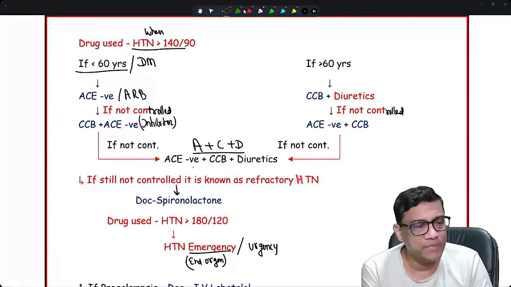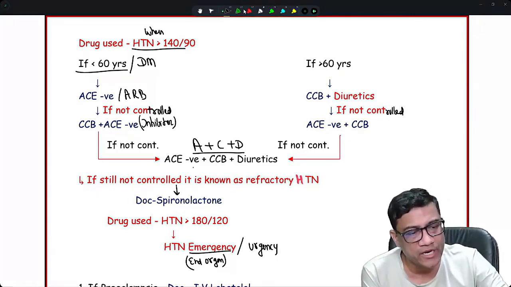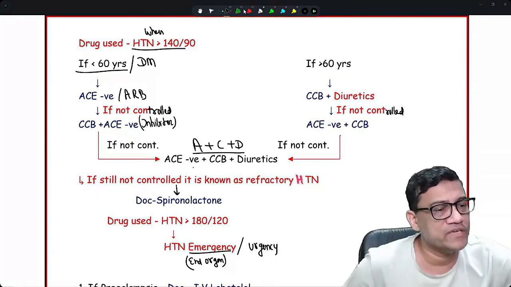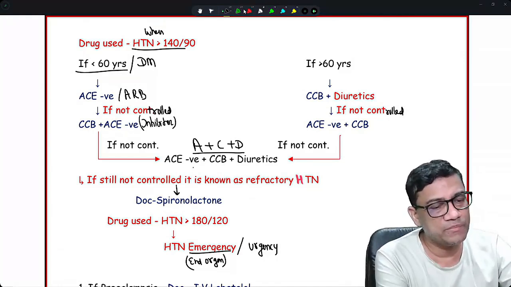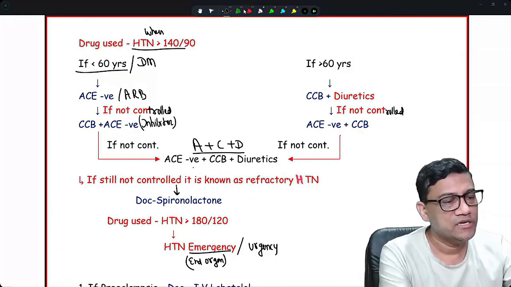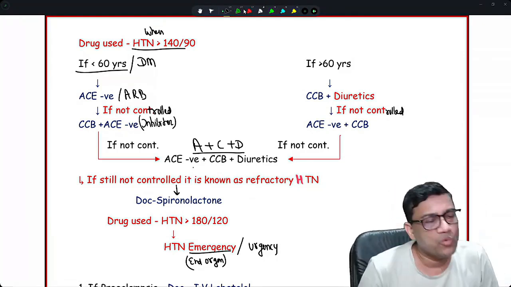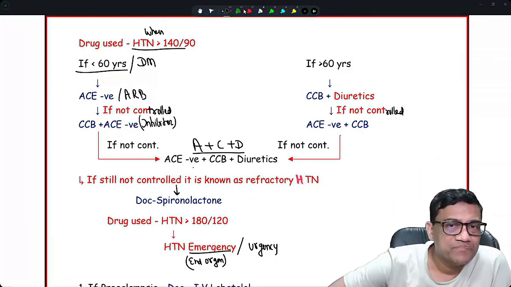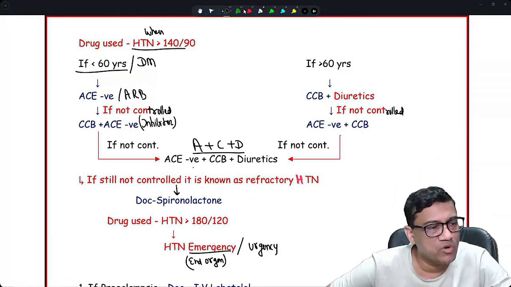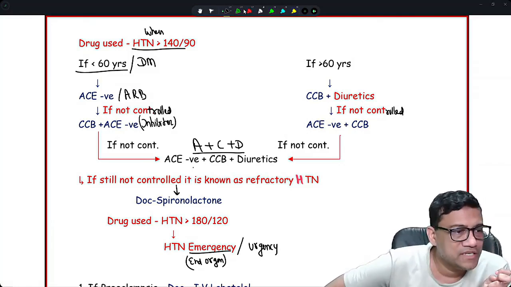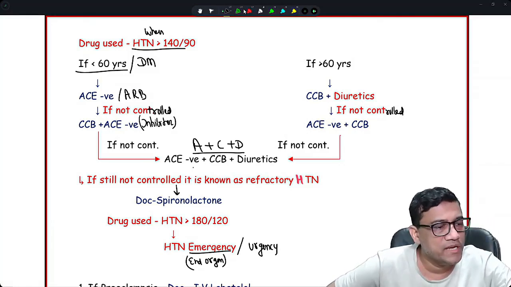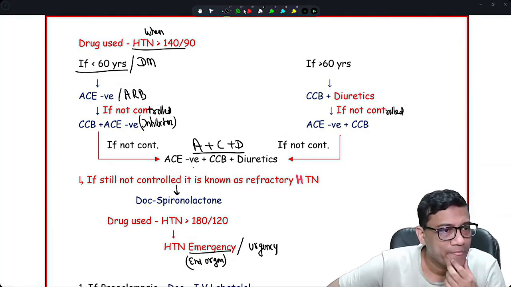See, at 130 you can diagnose and start lifestyle modification or भी बतेरी चीजें. लेकिन medical treatment should be started only when the BP is above 140/90. Is it clear to all of you? So when should you start the treatment? When it is above 140/90. Otherwise, there's no point doing it. Are you clear?